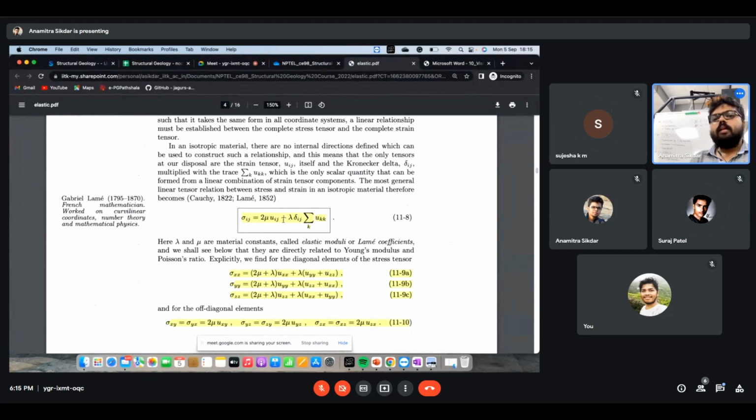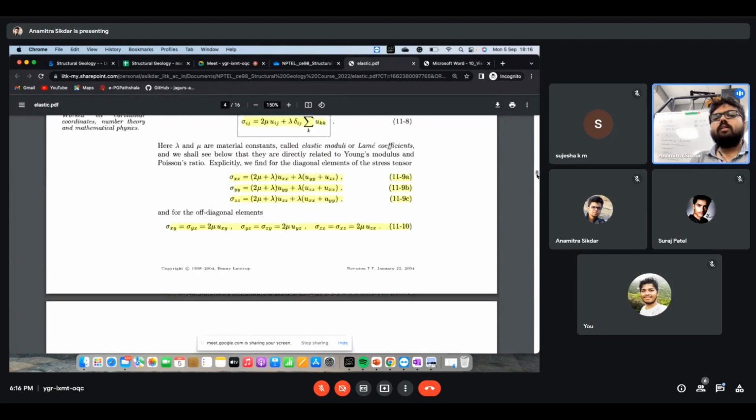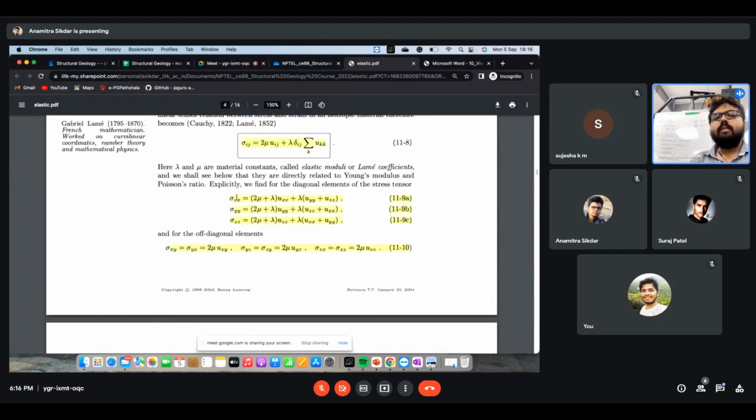All right. So with the off-diagonal components, you have a constant which is 2 mu, and with the diagonal components, you have a constant which is lambda. These two are called Lamé parameters, and from this equation we can write sigma xx. If you replace the ij with xx, this becomes uxx, and so on.